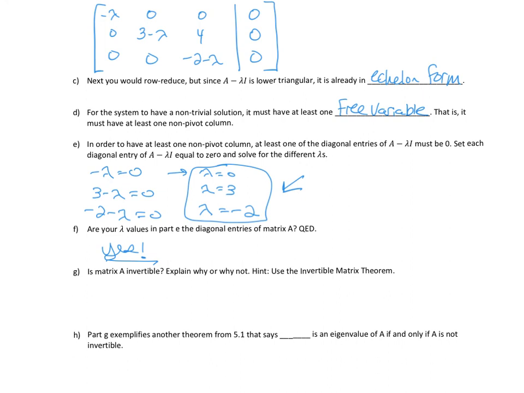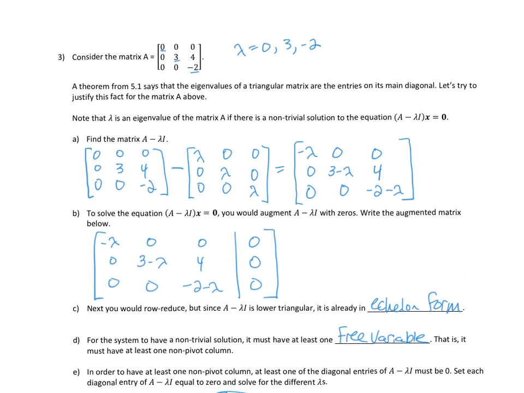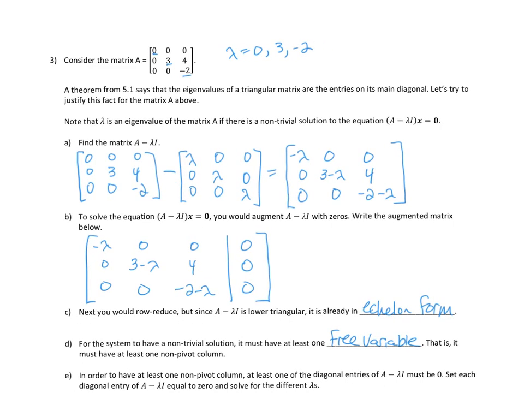Is matrix A invertible? Explain why or why not. We're going to use the invertible matrix theorem. Here's my matrix A right here. What you should notice in matrix A is that it has a column of zeros, which means that the columns can't be linearly independent.